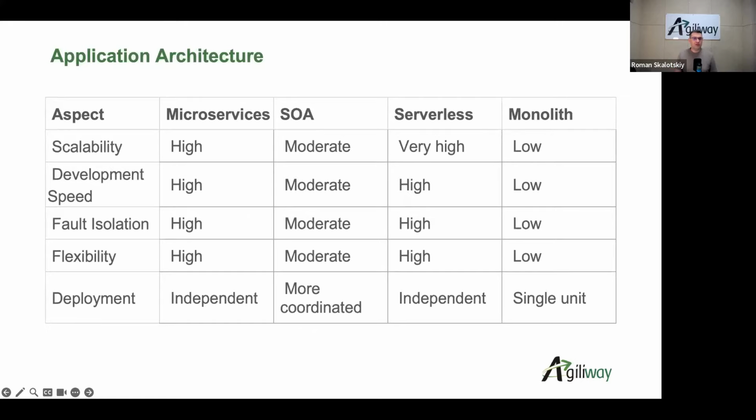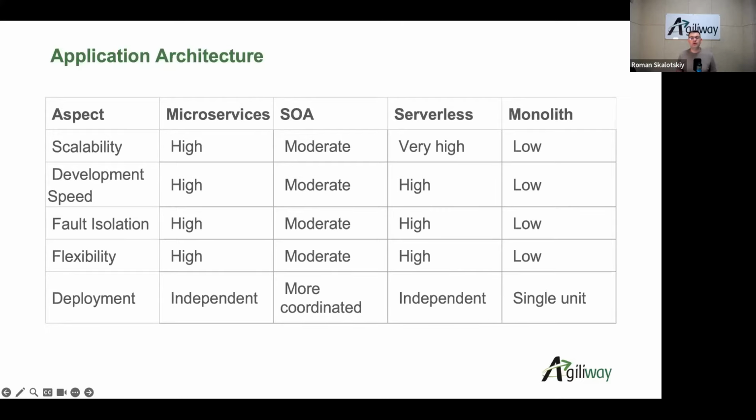The second one is the service-oriented architecture, very similar to microservices. The service-oriented architecture is a design approach where the software components are organized as a collection of loosely coupled services. Each service represents a specific business functionality, and they communicate with each other through a well-defined interface and protocol, typically using HTTP or message queues.